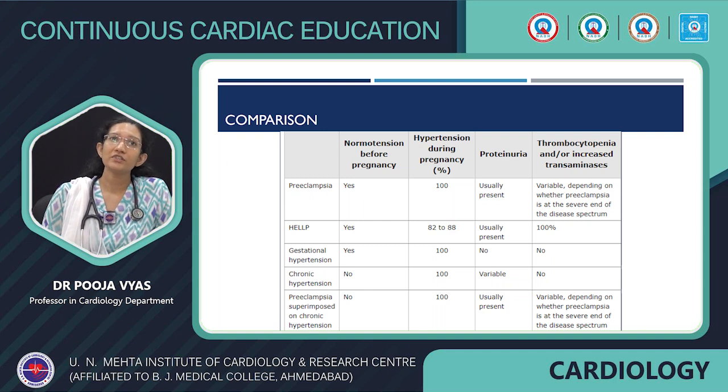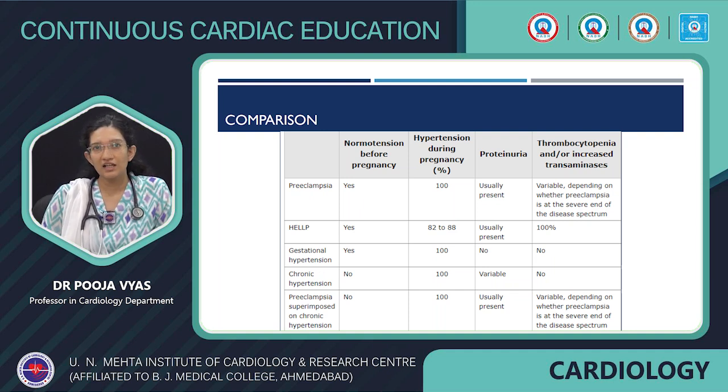In HELLP syndrome, it is mandatory that the patient is normotensive before pregnancy, and hypertension during pregnancy will be present in 82 to 88% of the cases. Proteinuria is usually present in HELLP syndrome, and other features like increased transaminases and thrombocytopenia are present in 100% of the cases.